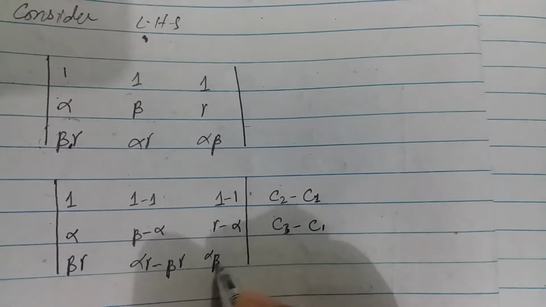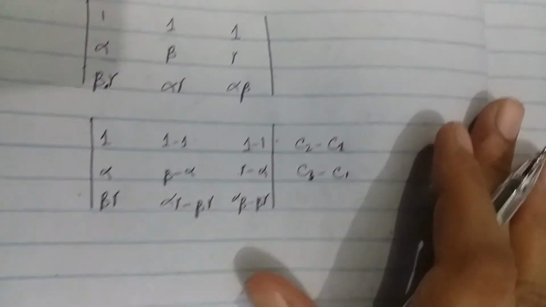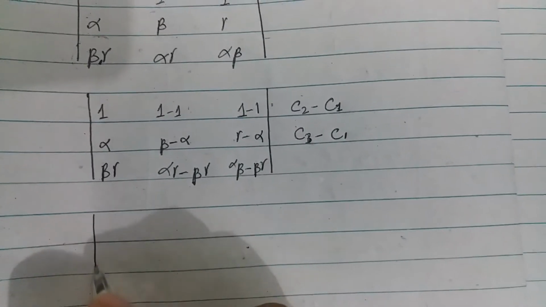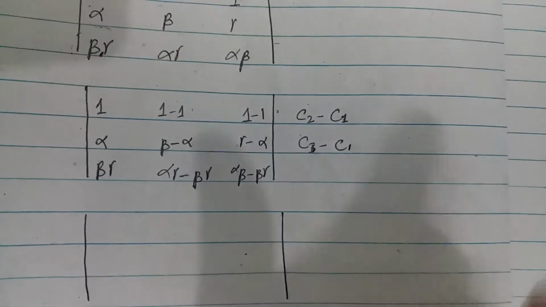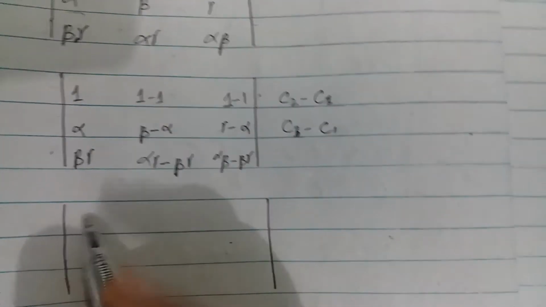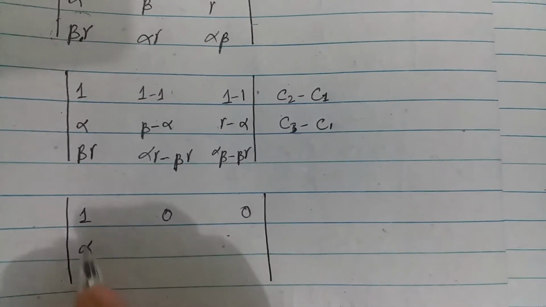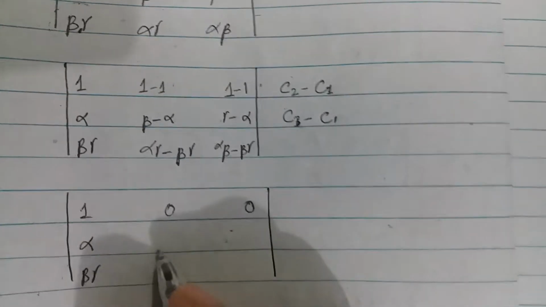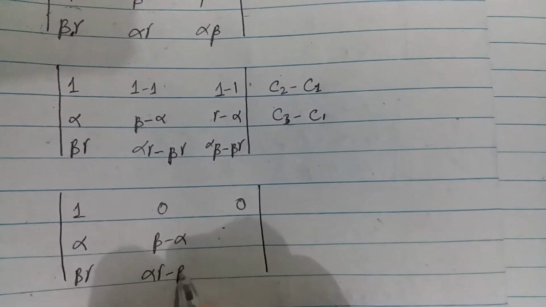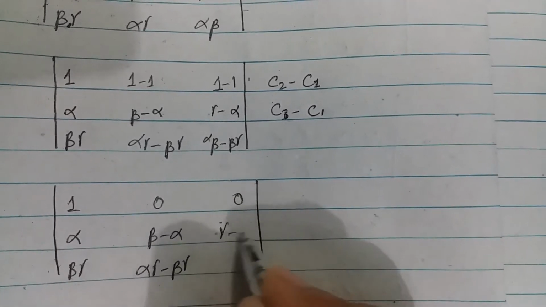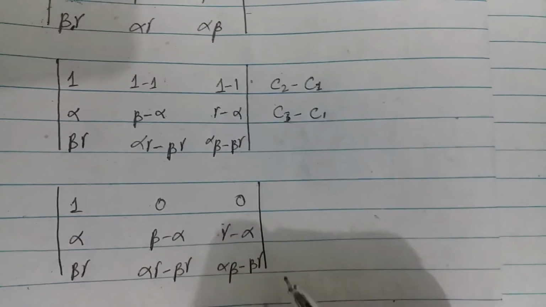Then alpha beta minus beta gamma. In this way, the elements of 1 2 and 1 3 are both converted into 0. So 1 0 0, alpha and beta gamma, beta minus alpha, alpha gamma minus beta gamma, gamma minus alpha, and then alpha beta minus beta gamma.